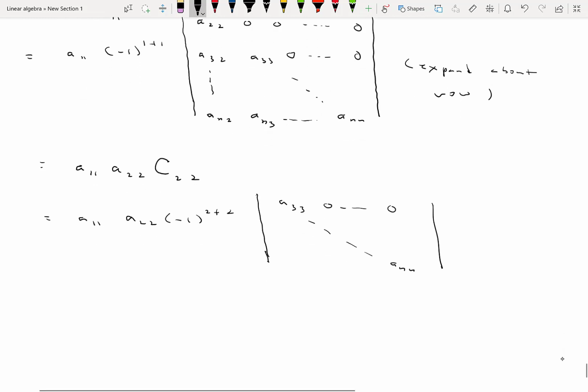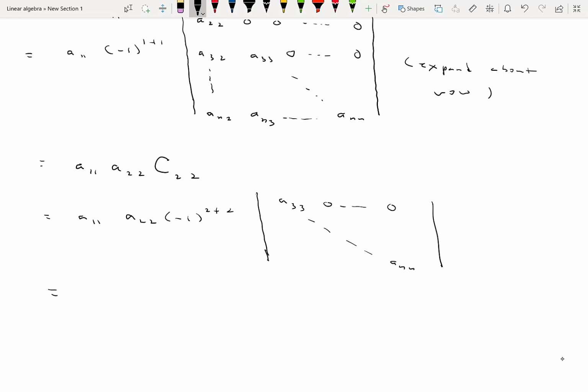Okay, and we continue this process, expand now about the first row. So we get A11, A22, expanding about the first row, A33, then expand that about the first row, A44, all the way up to, oh, not plus, times, oops, that's not an eraser, all the way up to Ann.